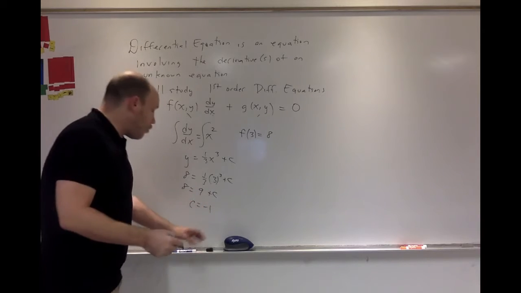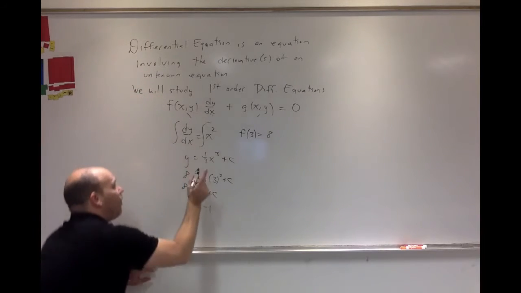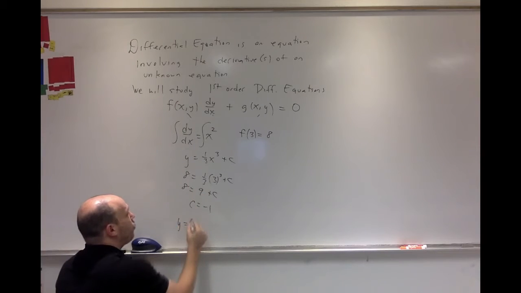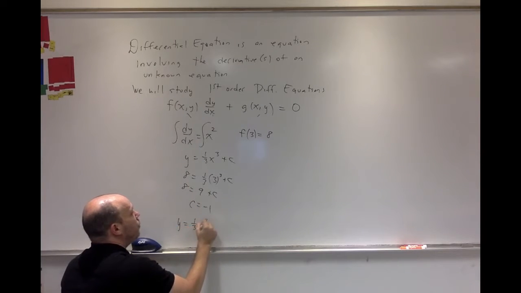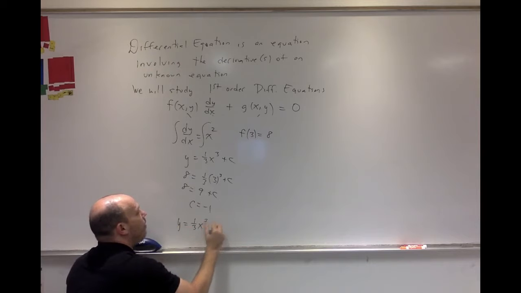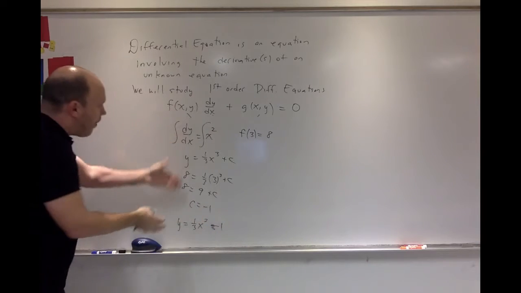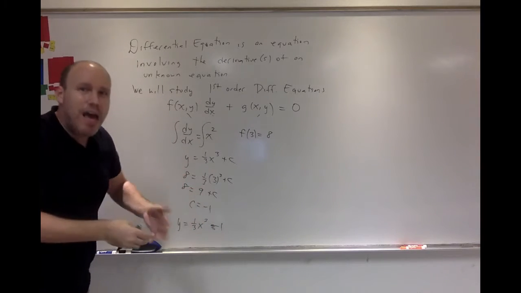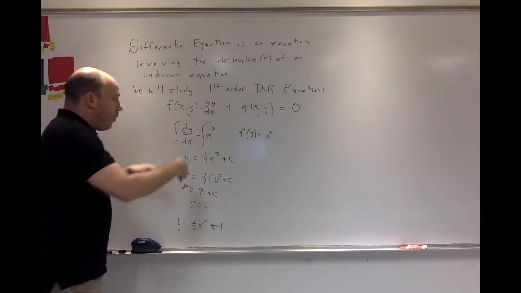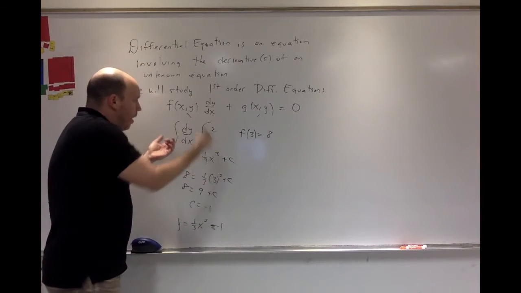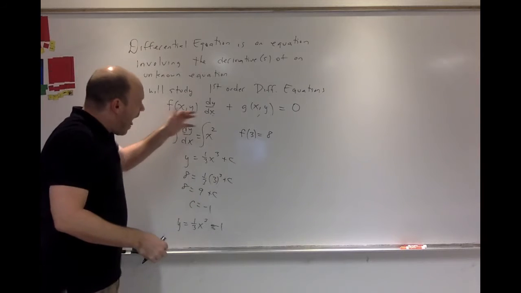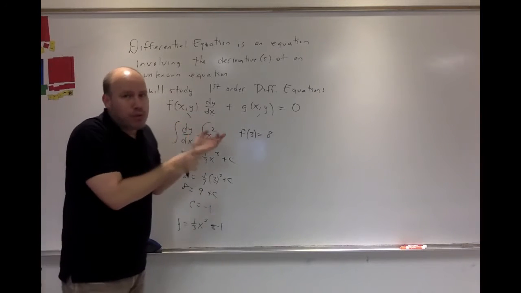So the final function was y equals 1/3 x cubed minus 1. And that was what we did. So we did solve a differential equation. Once again, we had an equation that connected the derivative of a function and a combination of x's and y's.